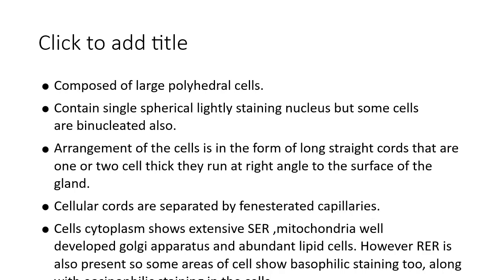In the zona glomerulosa, you will see more eosinophilic stained cells, while in the zona fasciculata, the cells are arranged in the form of rods, and they take up lighter staining because of the large amount of lipid droplets in them. In some areas, bluish areas will also appear under the microscope, and that is because of the rough endoplasmic reticulum. So please note down these points also.